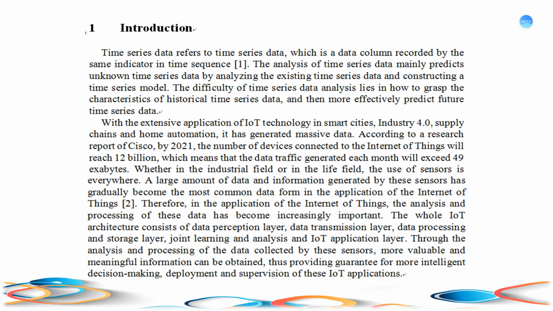Through the analysis and processing of the data collected by these sensors, more valuable and meaningful information can be obtained, thus providing guarantee for more intelligent decision-making, deployment, and supervision of these IoT applications.